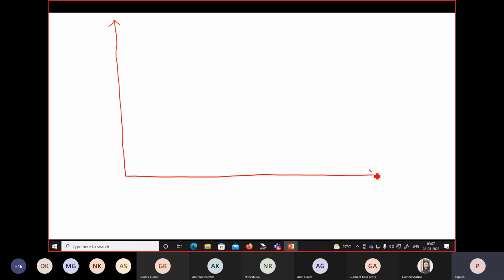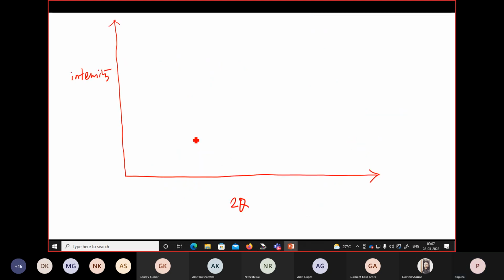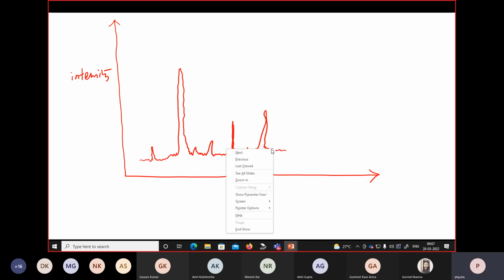So what we do in XRD, we get this kind of peak. In XRD we get intensity versus 2 theta. My detector will basically measure, at different values of 2 theta, the intensity of X-ray it is detecting. We get lots of peaks of this kind, and so on.